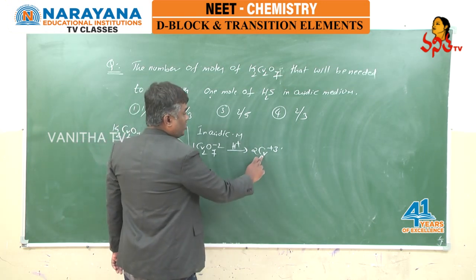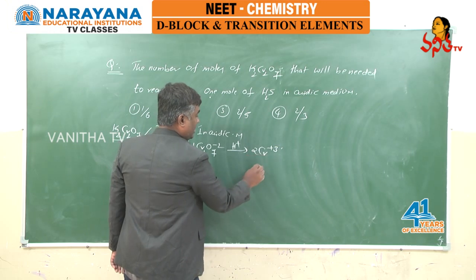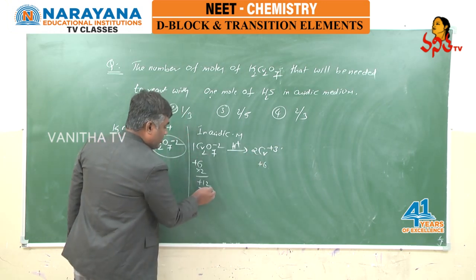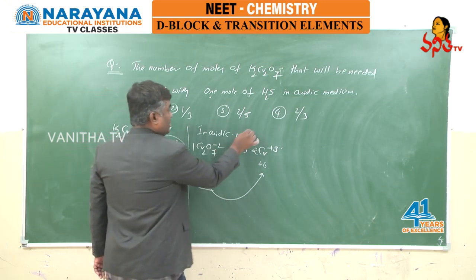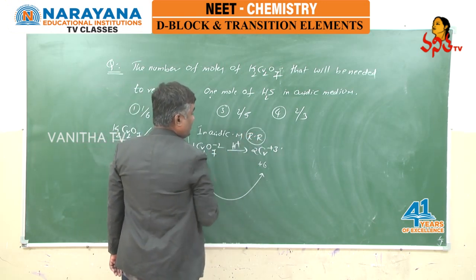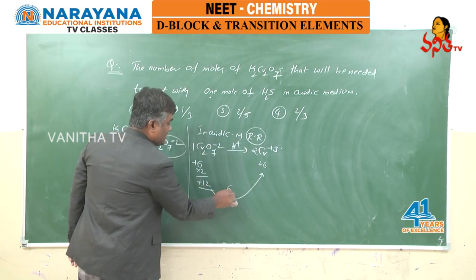And here, each chromium is exhibiting +3. Such 2 chromiums are there, so 2 into 3 is +6. Here +12 is becoming +6 and the oxidation number is decreased, so this is a reduction reaction, and in this reduction reaction the change in the oxidation number is 6, students.